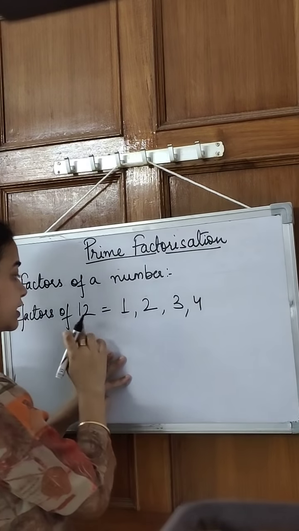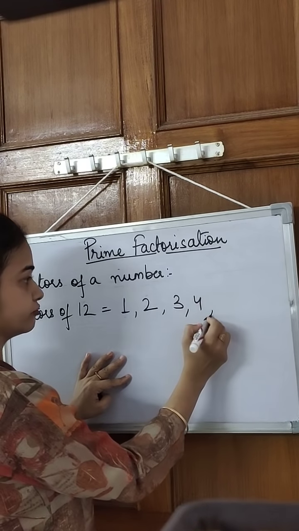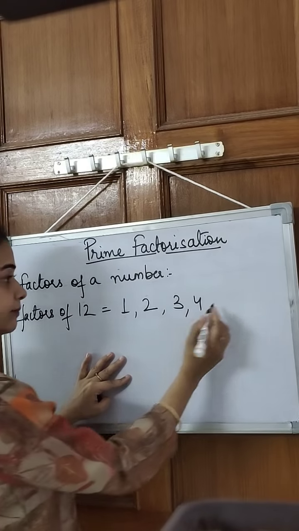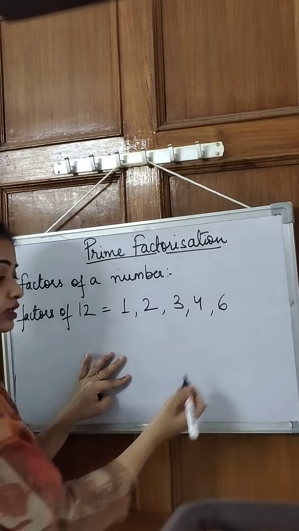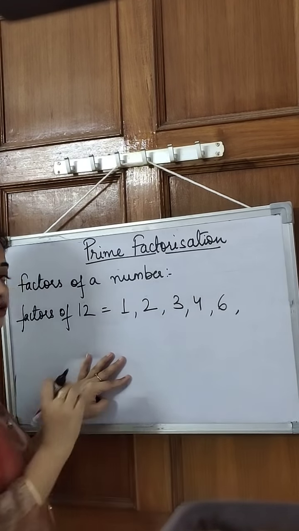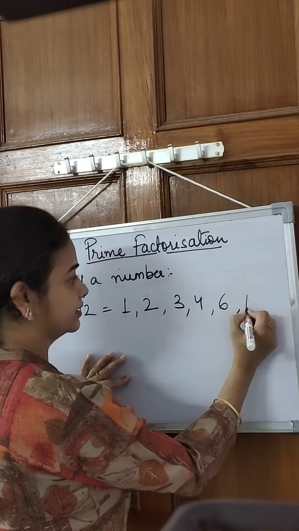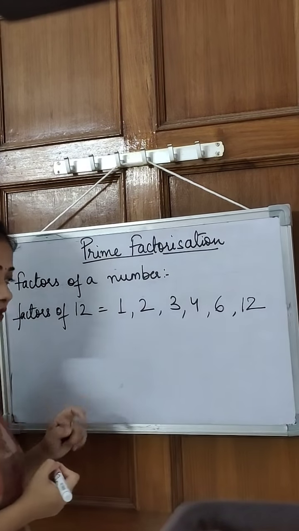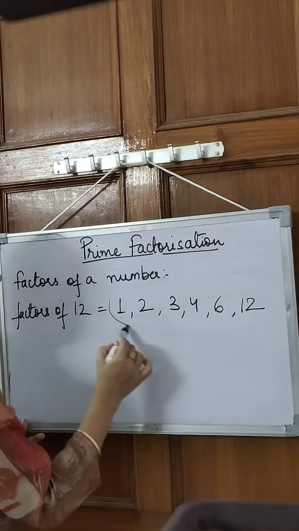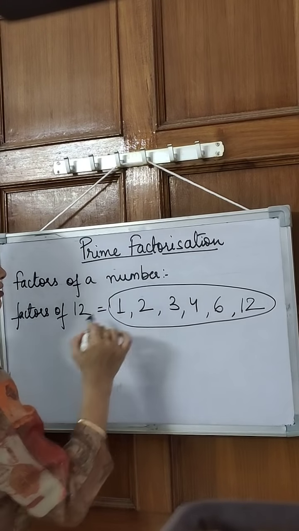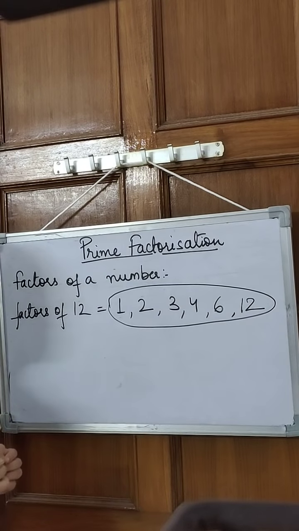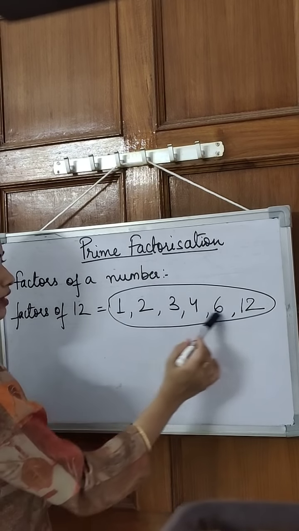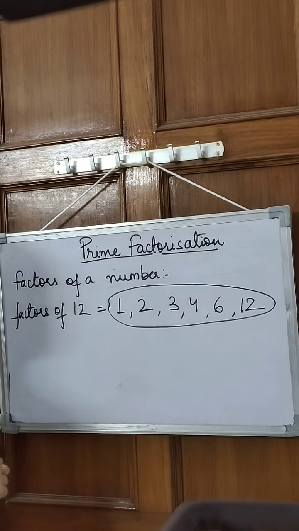Then 4. Yes. 12 is divisible by 4. 5. It is not divisible. 6. It is divisible. And then 7 and 8. It is not divisible. Then it is divisible by the number itself, that is 12. So what we can say is that all these numbers are the factors of this number 12, because 12 is divisible by all these numbers.